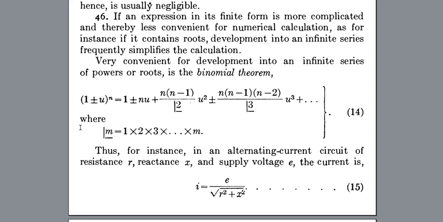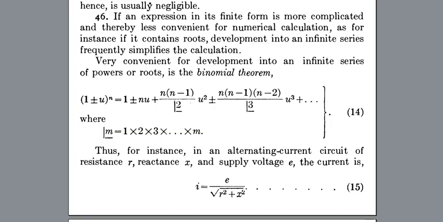Section 46. If an expression in its finite form is more complicated and thereby less convenient for numerical calculation, as for instance if it contains roots, development into an infinite series frequently simplifies the calculation. Very convenient for development into an infinite series of powers or roots is the binomial theorem.